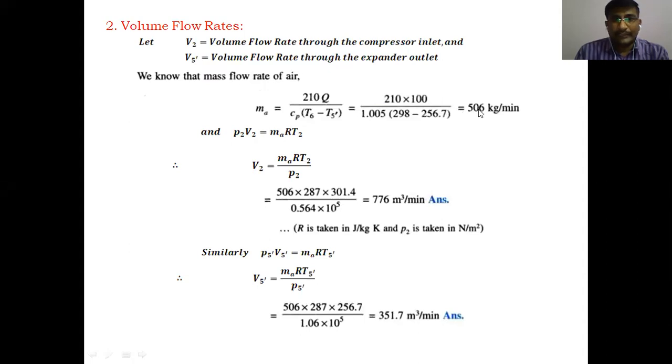So the mass flow rate is 506 kg per minute. This is the mass of air passing through the cabin, 506 kg per minute.